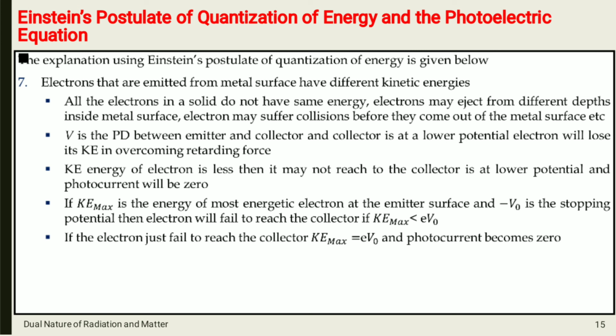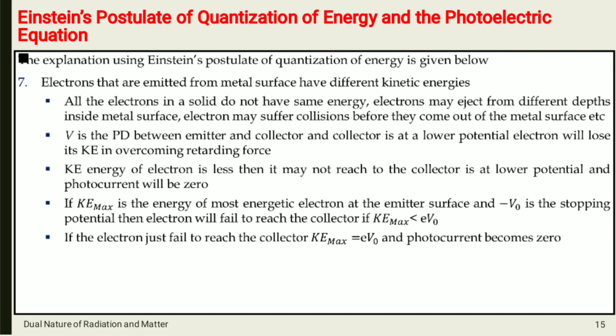If Ke max is the energy of the most energetic electron at the emitter surface and minus V0 is the stopping potential, then the electron will fail to reach the collector if Ke max is less than eV0.